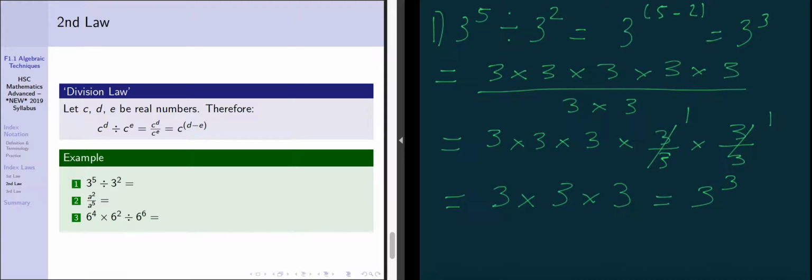I could have just cancelled from the start, but I hope this third line makes more sense. Basically we're cancelling terms, which is why we just reduce the index by subtracting the two initial indexes. So that was the first question.